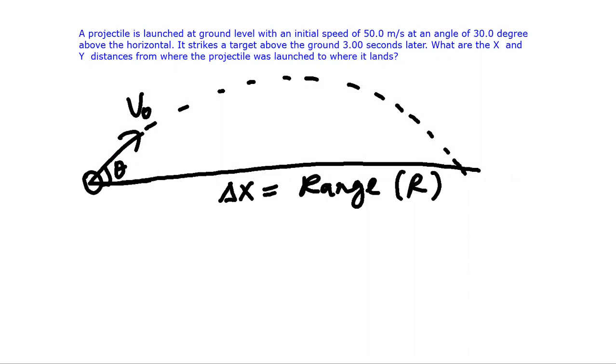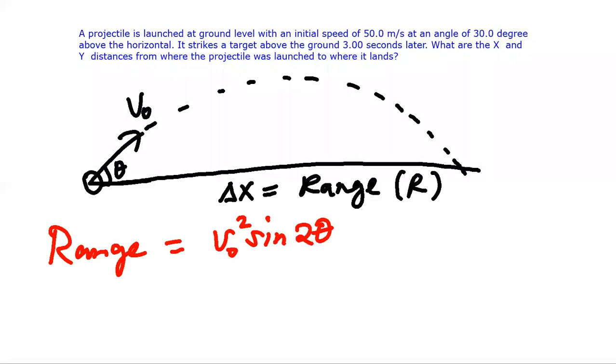Okay. So in effect, we're looking for delta x, and the formula for the range of a projectile, which we look up from the equation section, is given as v naught squared sine of 2 theta divided by g.